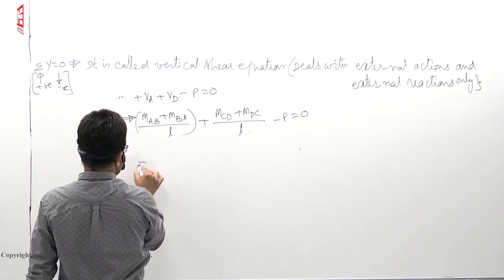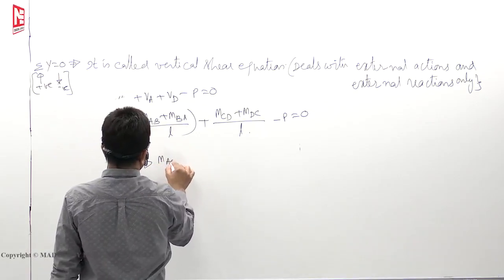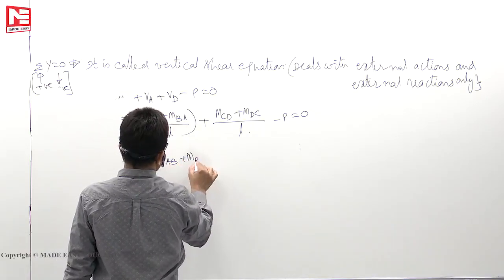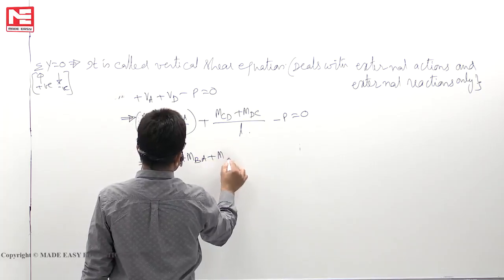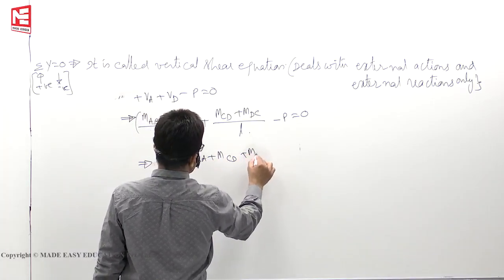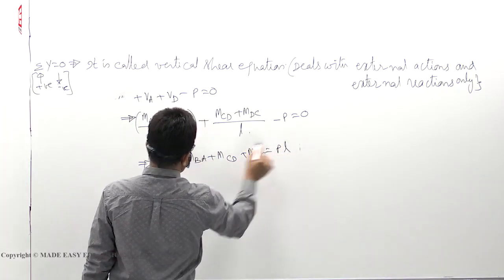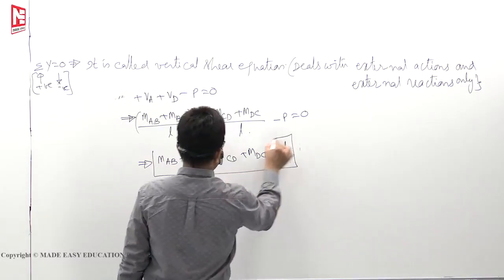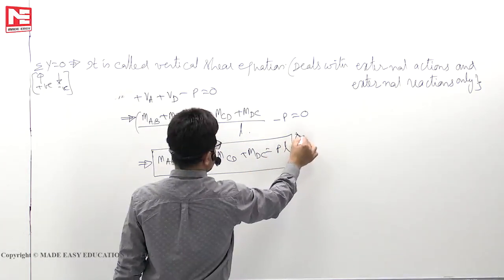If you push it to the right side, you will get MAB plus MBA plus MCD plus MDC is equal to P into L. One of the options will be this one.